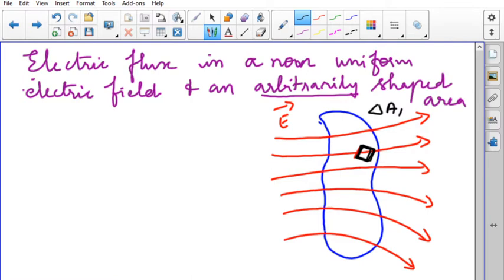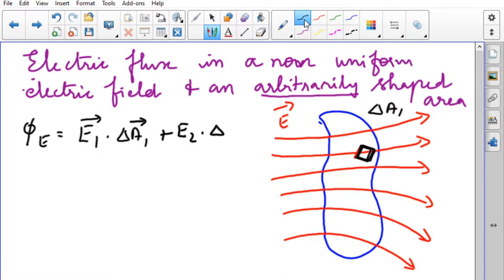We can write it as phi E is equal to, that is the total flux due to the entire curved surface, is equal to E1 dot delta A1 plus E2 dot delta A2 plus etc. En dot delta An.